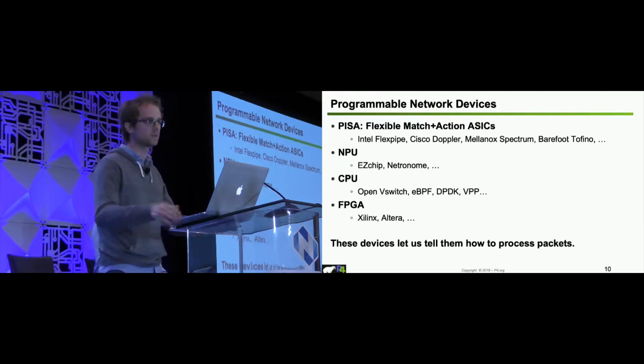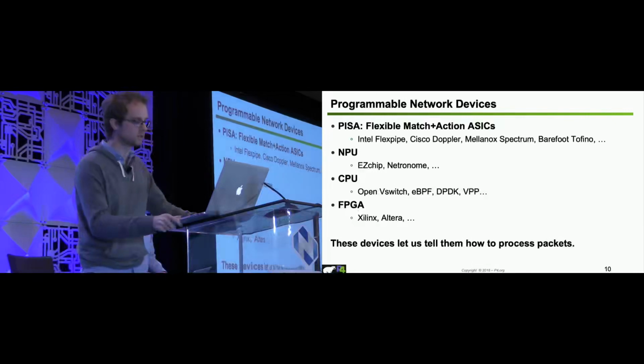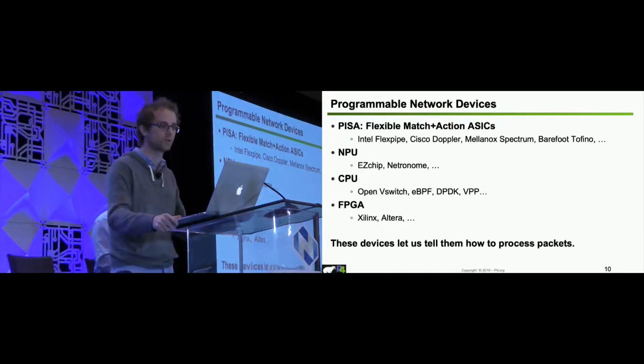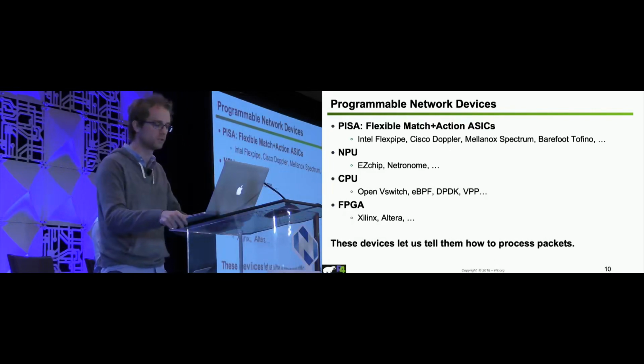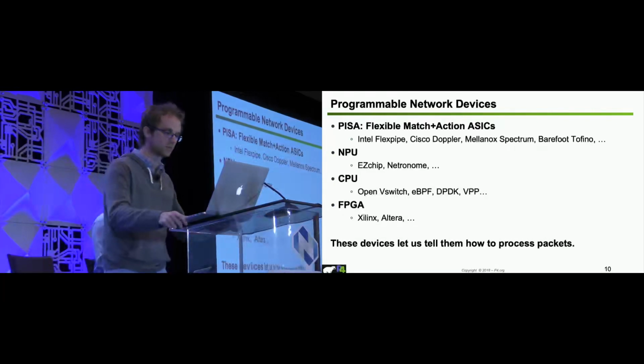For example, Xilinx has a P4 compiler which is integrated into the workflow for programming the NetFPGA platform, which is an FPGA platform which is very popular with academics mainly. So for those devices, you're in charge of telling them how to process packets by writing a P4 program.